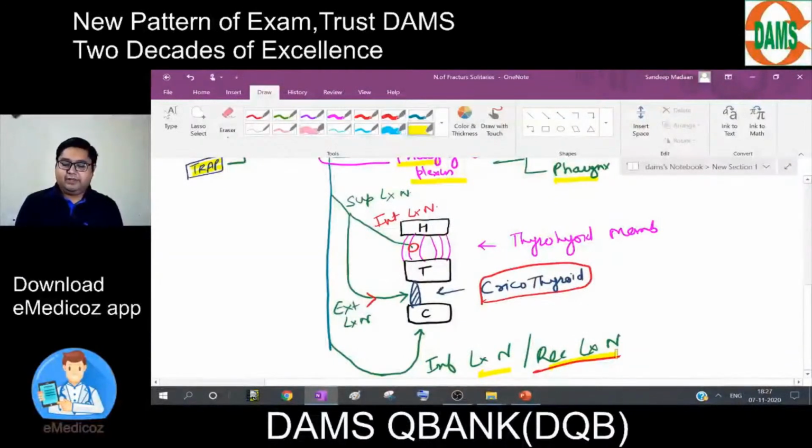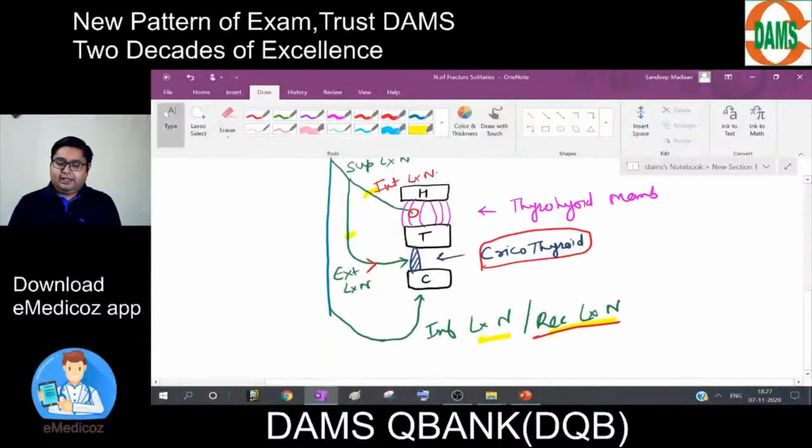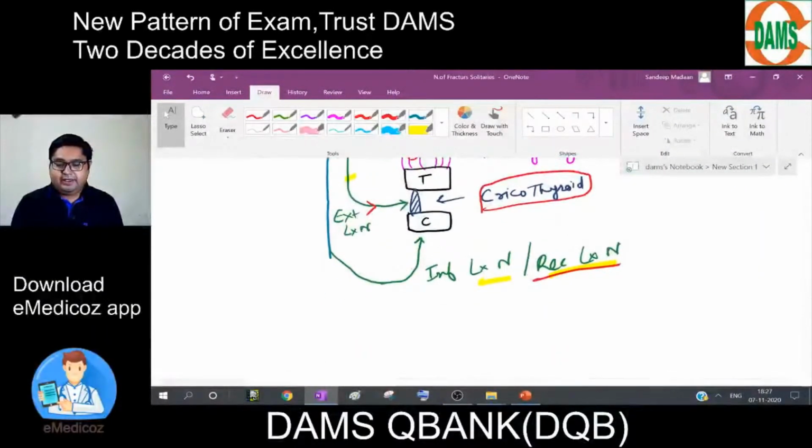Superior laryngeal nerve will give one branch which remains outside the larynx, so it should be called the external laryngeal nerve. One nerve enters into the larynx, it should be called the internal laryngeal nerve. Fine. The internal and recurrent laryngeal nerves are going to supply the sensory mucosa of the larynx from above and below the vocal cord, right? And there is a mention of a reflex in the question, the gag reflex.